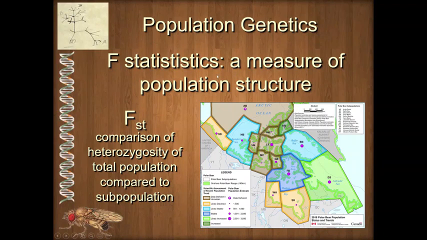The one that is most frequently used, and the only one that we are going to define and talk about, is called FST. That's a subscript. So FST is a way where we estimate the heterozygosity, maybe take many genetic samples and estimate what the heterozygosity is in one certain subpopulation. And then we compare it to the overall genetic diversity in the entire population.